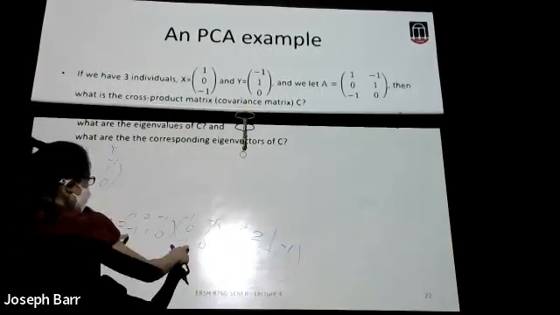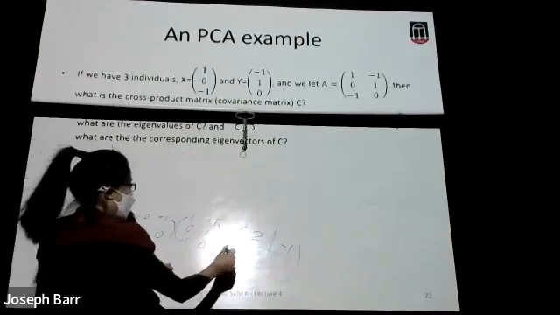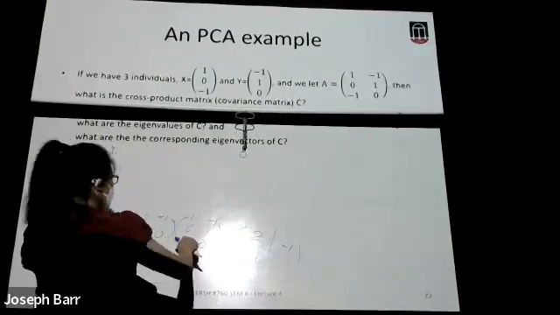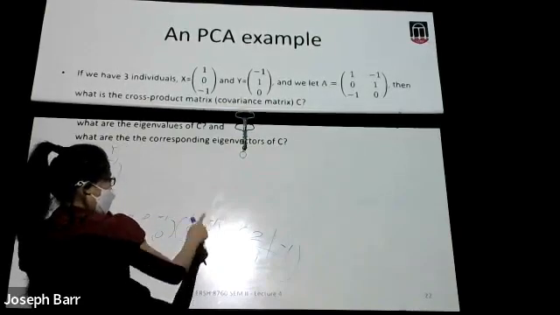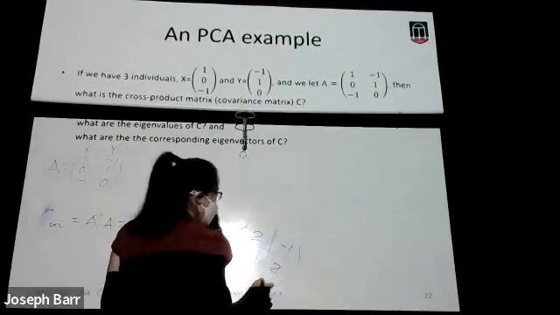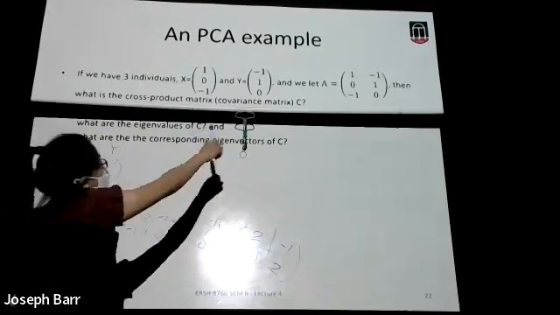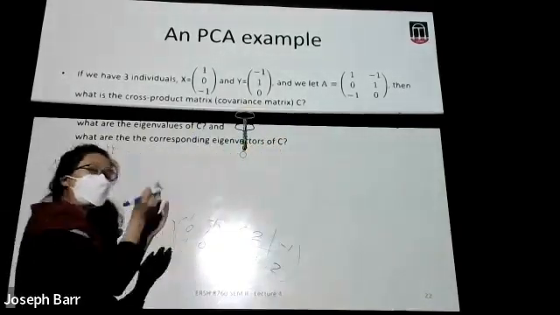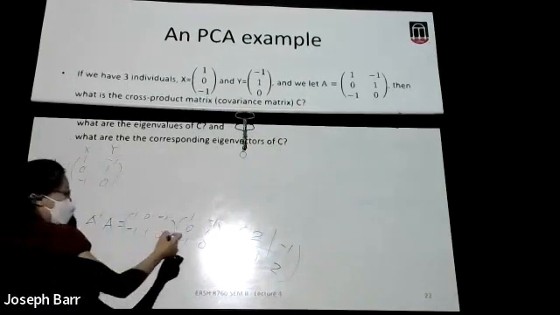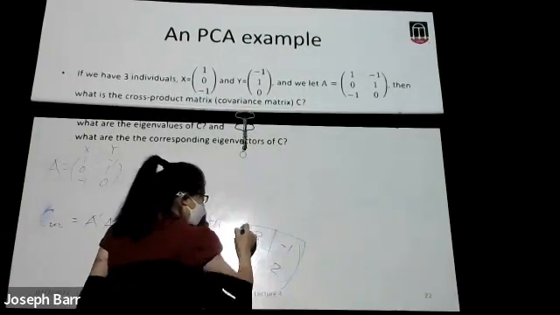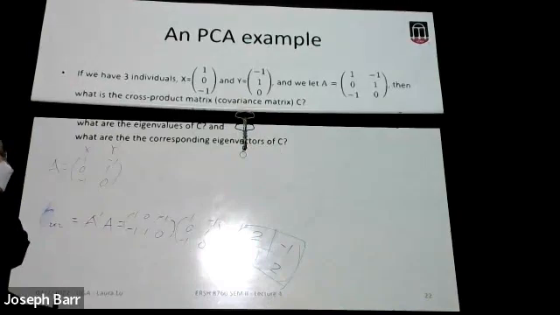This row and this column, again negative 1. And this row and this column: negative 1 times negative 1 is positive 1, and 1 times 1 is positive 1, plus 0, so 2. That's it. This is the covariance matrix. Of course, we should rescale by the sample size, but just keep this as our C. Then we can do the further calculations.